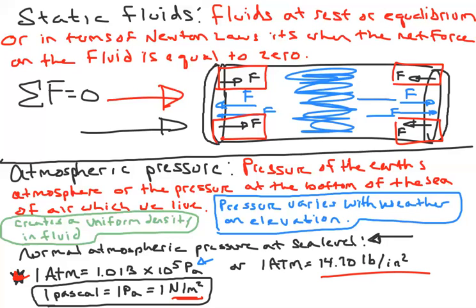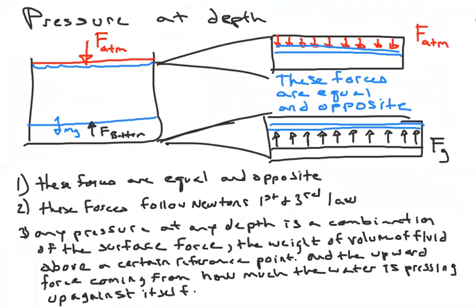So what does that have to do with anything? Well, atmospheric pressure relates to pressure at a certain depth. When the atmosphere pushes on the ocean, it's going to kind of, I hate to use the word squish, but it does. There's a bottom of the ocean, which is the ground.